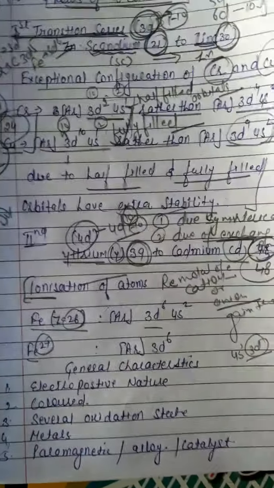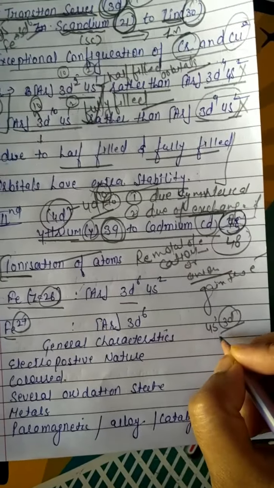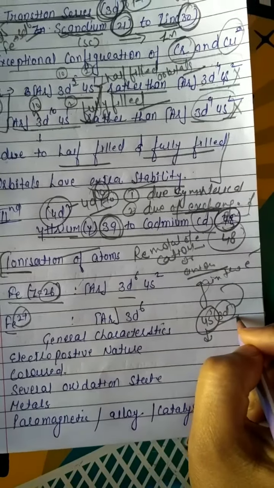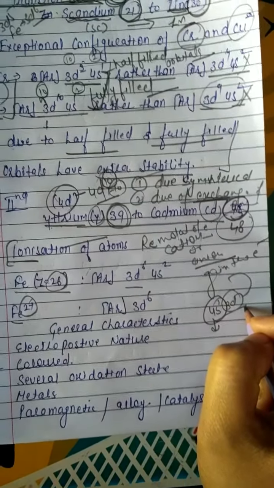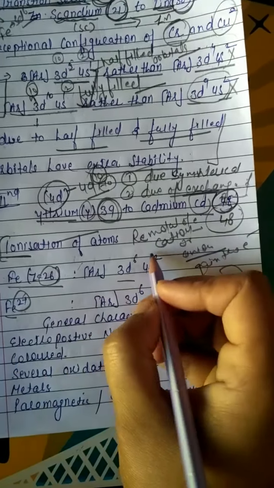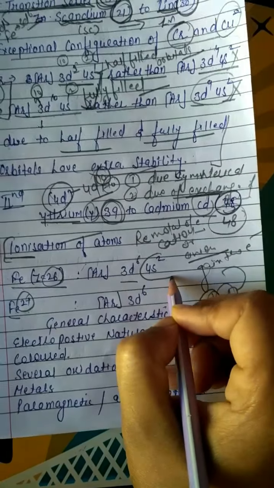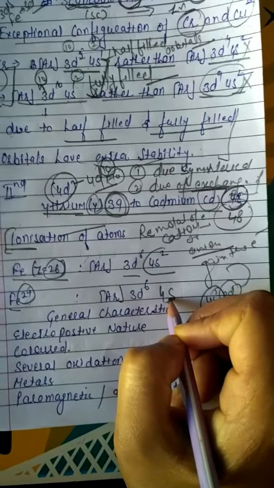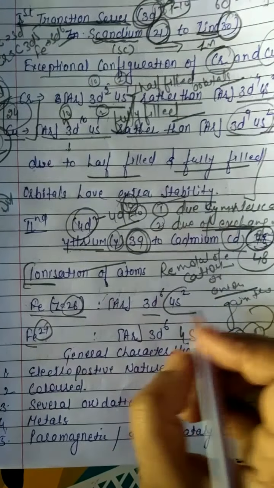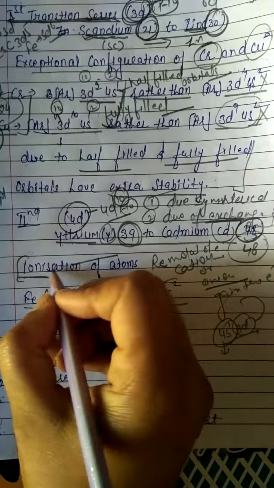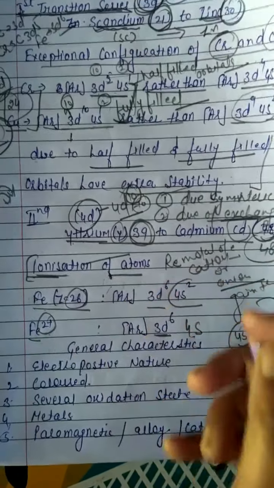But when removing electrons, we remove them first from the 4s orbital, then from the 3d orbital. In this case, we are removing 2 electrons from the 4s, so it remains empty, and the configuration is 3d6. This is the ionization of atoms, whether they form a cation or an anion.